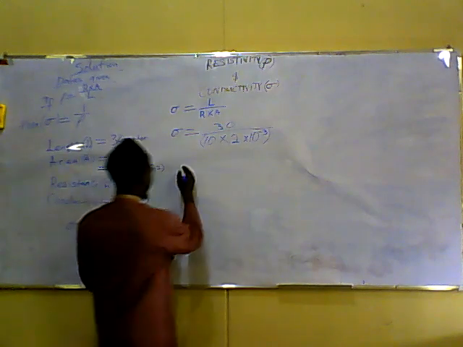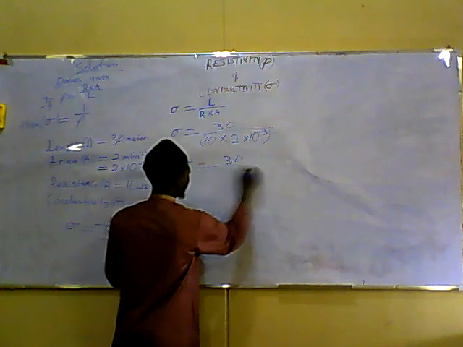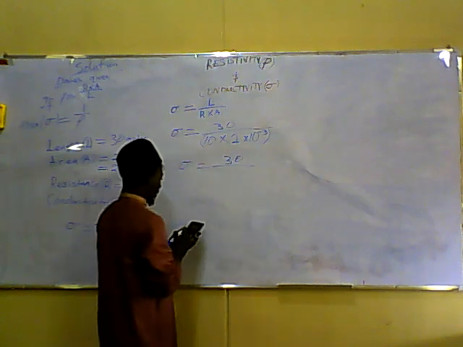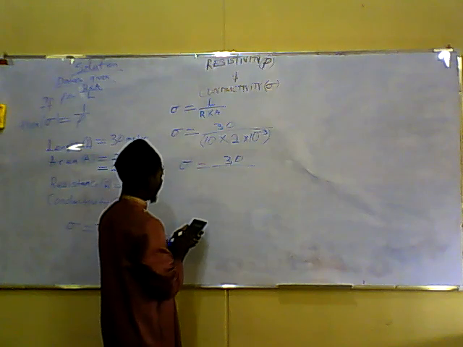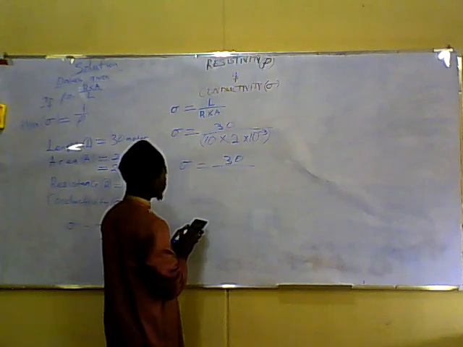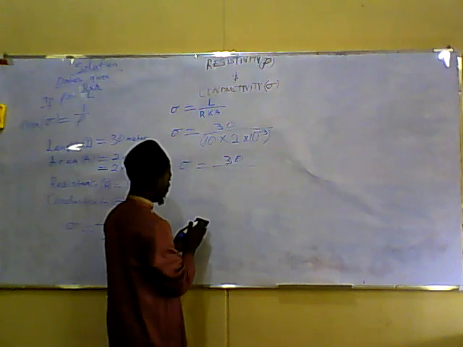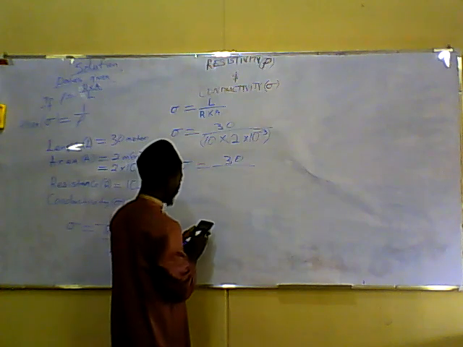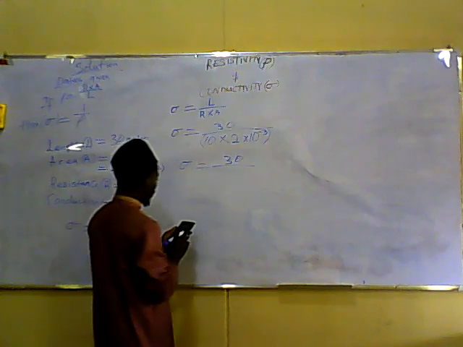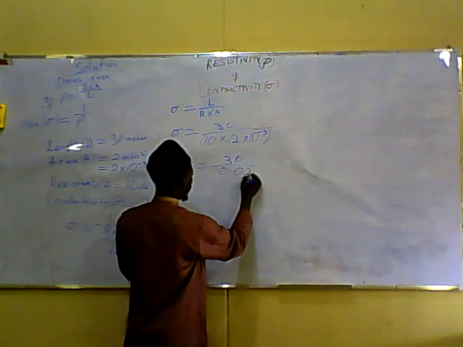So, conductivity will be equal to 30 divided by 10 times 2 times 10 raised to the power of negative 3, which will give us 0.02.